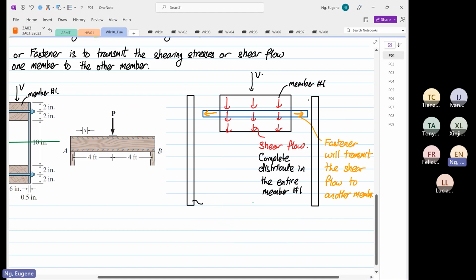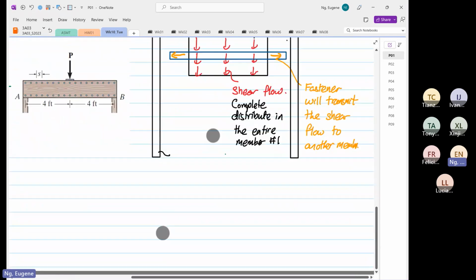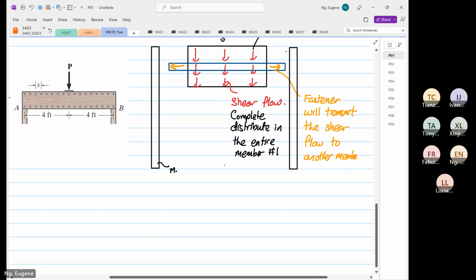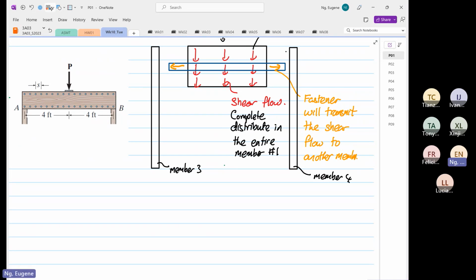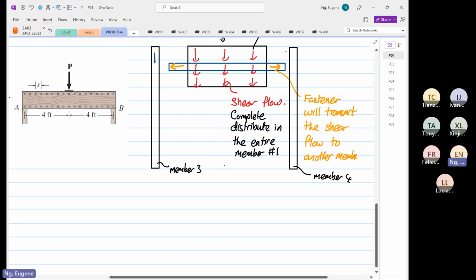So this is our member. What did we write earlier? Member 4 and member 3. Then it will transmit the shear flow into the vertical member.